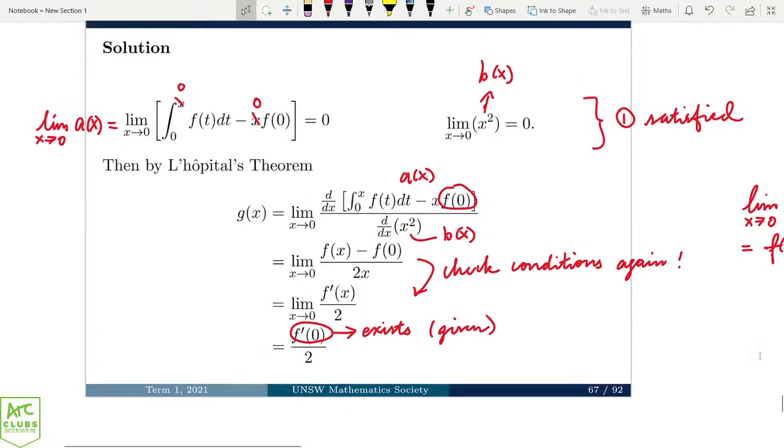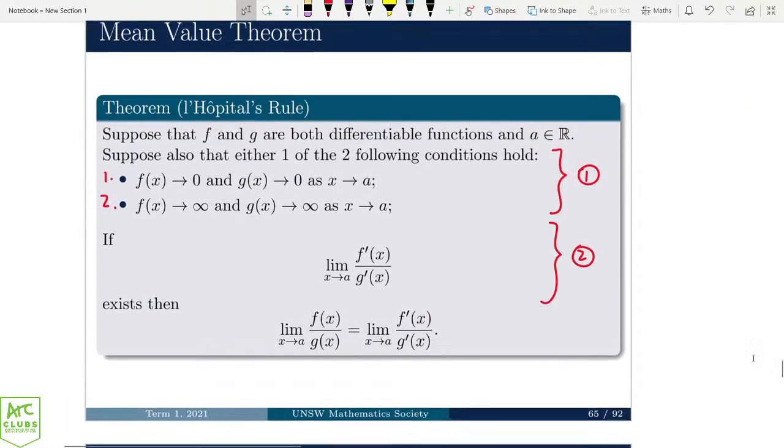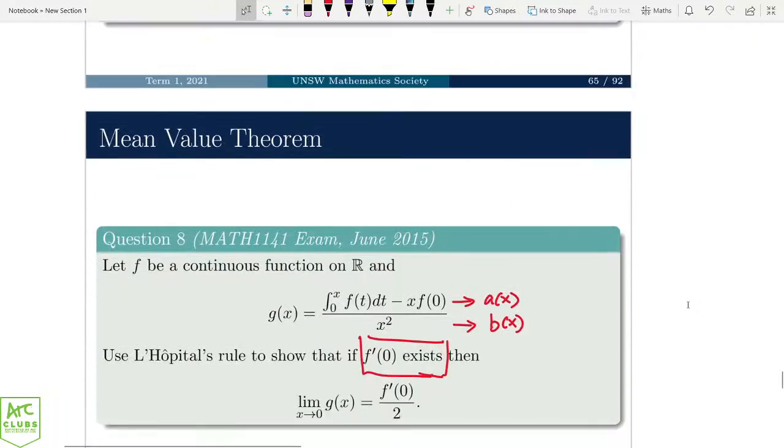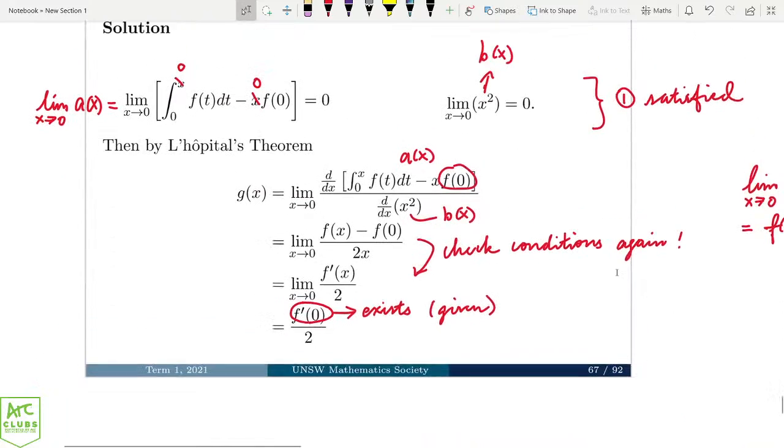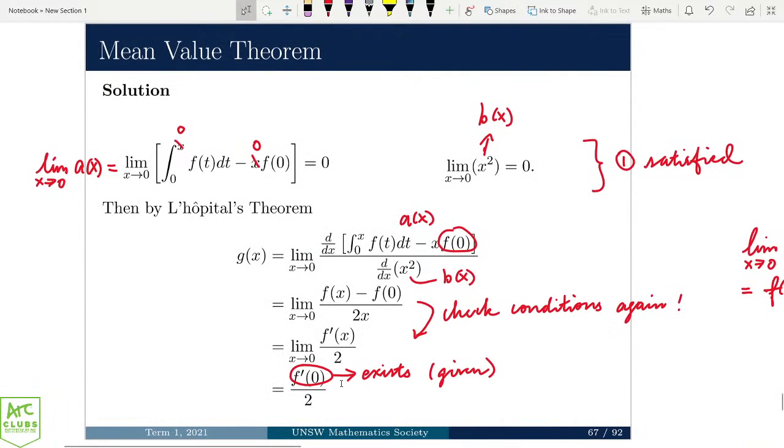Now let's really think about how our condition 2 comes into play. Maybe you have realized already, because we've proved that this exists, we know this limit exists. And if that exists, then our previous limit will exist as well.